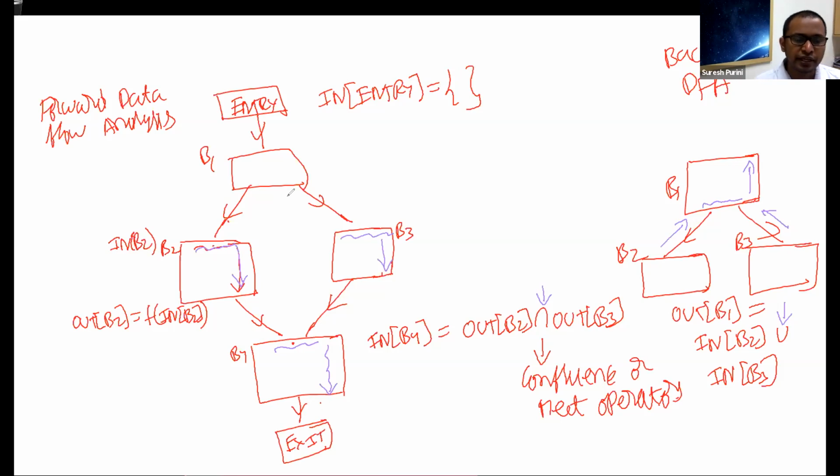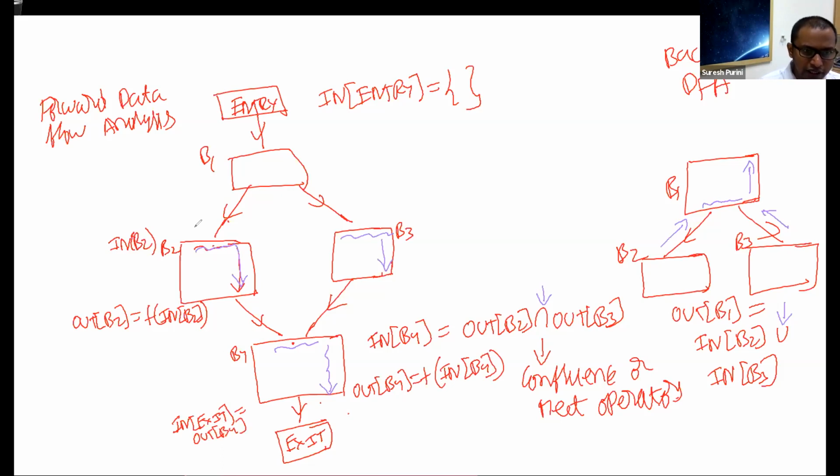Yeah, great. So in order to complete the story, again, if you see here, out of B4 is equal to f of in of B4, and in of exit is equal to out of B4.